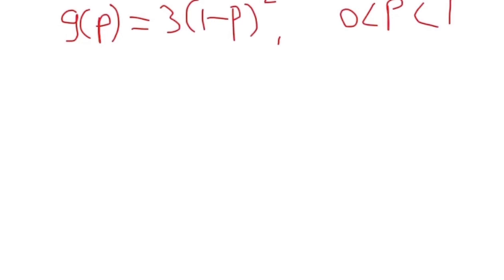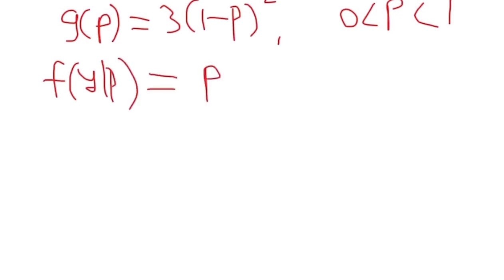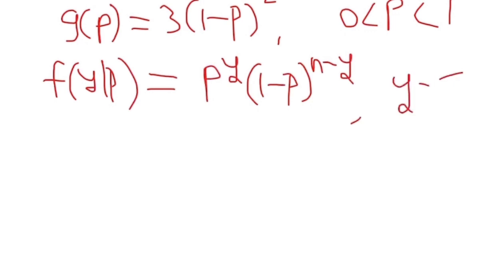The likelihood distribution is going to be the likelihood function of a Bernoulli. So f of y given p is going to be p raised to the power y, and 1 minus p raised to the power n minus y. Don't forget that our y is the summation s. So this is the likelihood of the Bernoulli distribution.